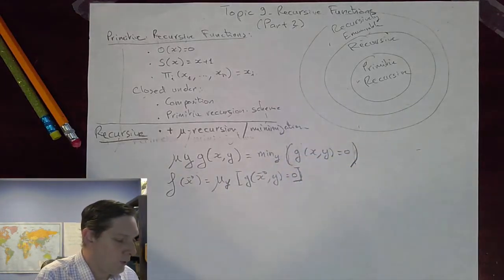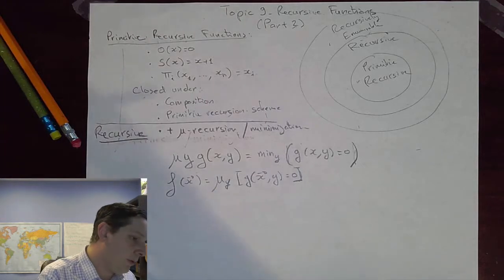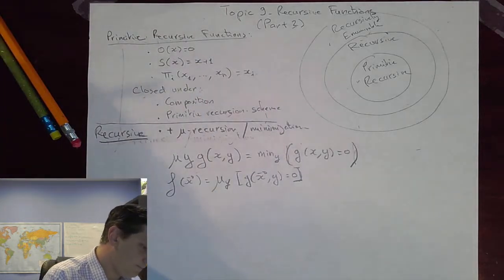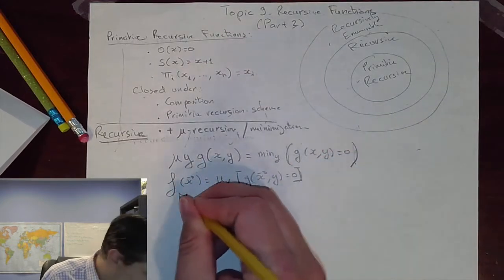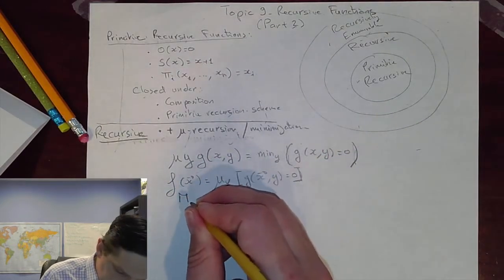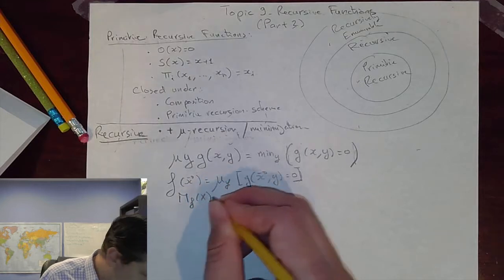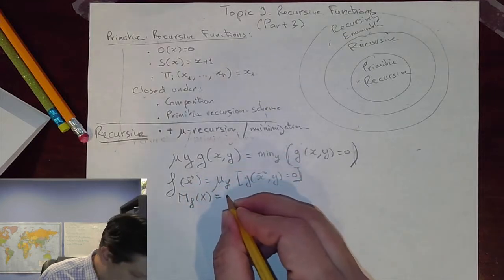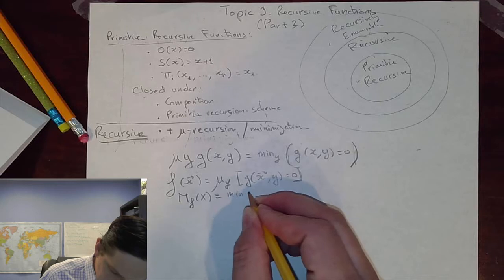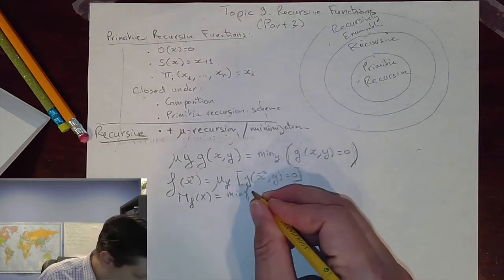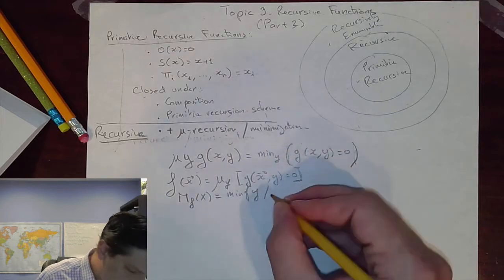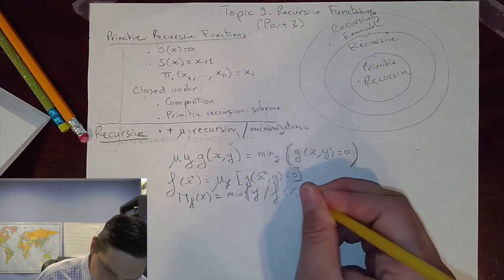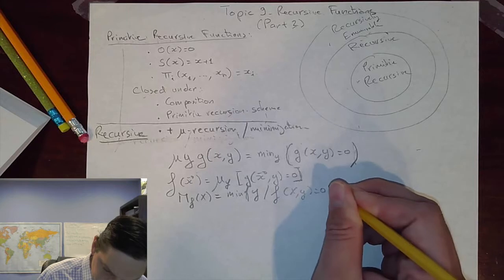And the way it's proposed in the book is mu f of x equals the mean of y such that f of x, y equals 0.